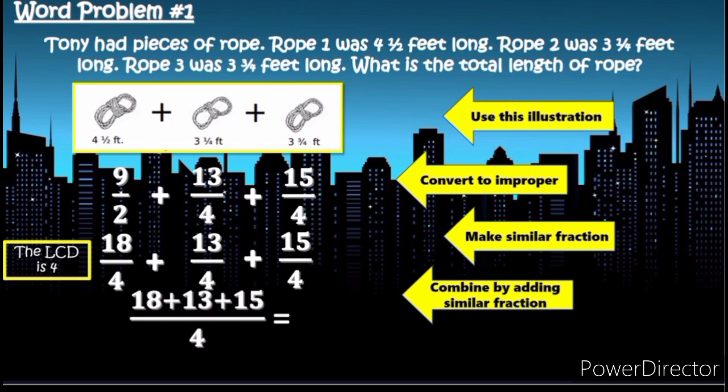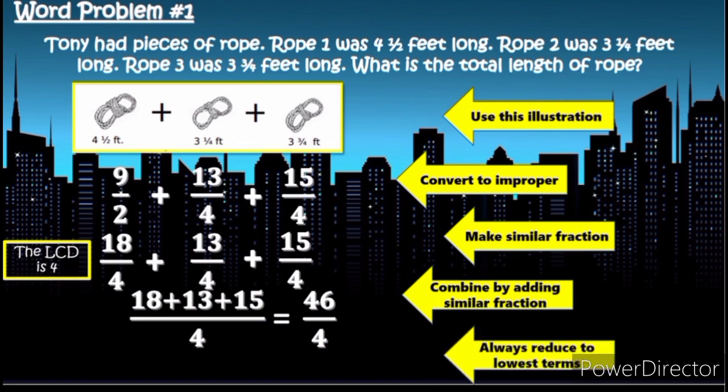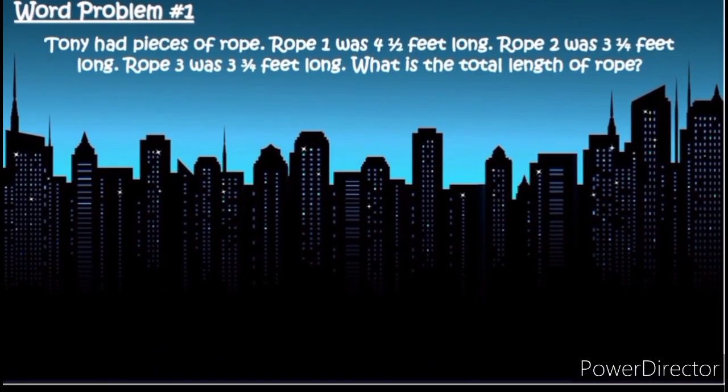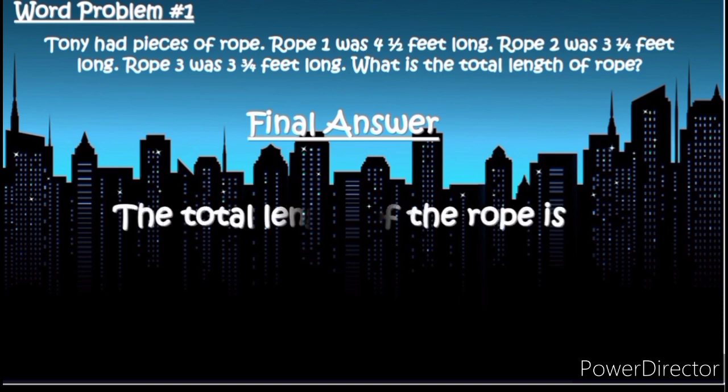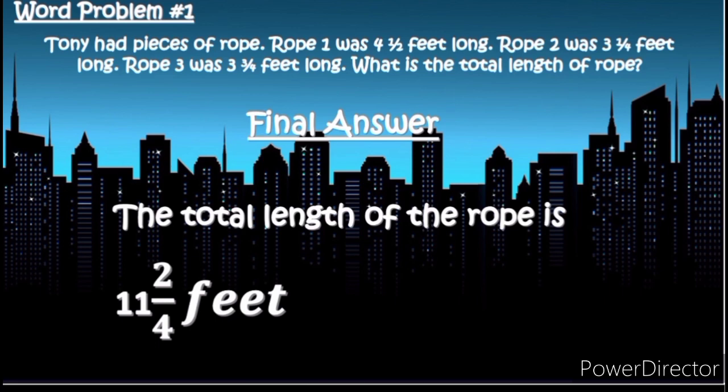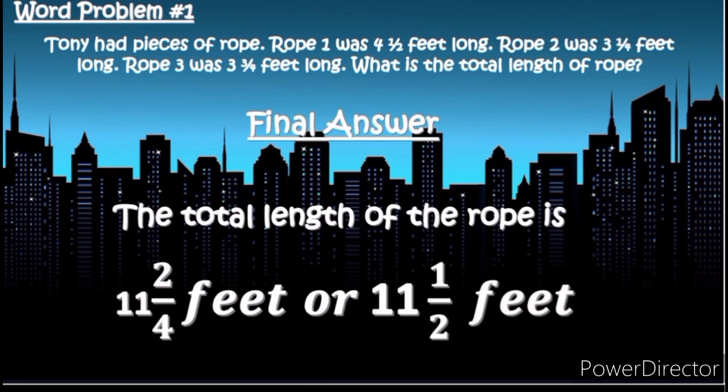Their sum will become 46/4. Always reduce to lowest terms. 46 divided by 4, what will be our final answer? Our final answer is, the total length of the rope is 11 2/4 feet or 11 1/2 feet.